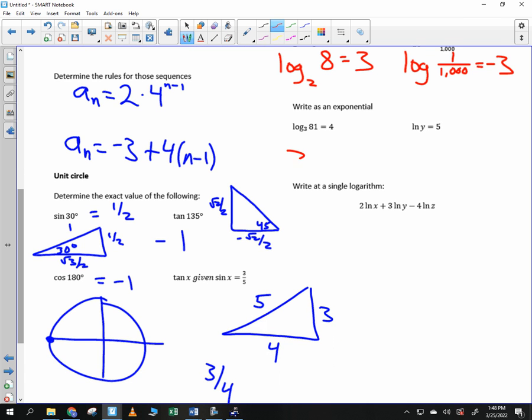Yep, good. 3 to the 4th is 81. And then log natural is what, base e? Good. E to the 5th is equal to y.